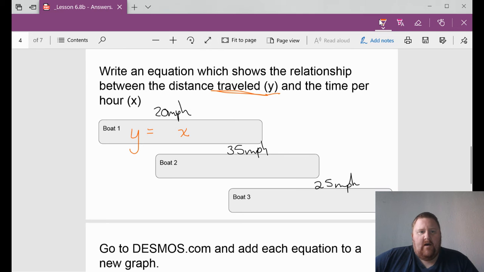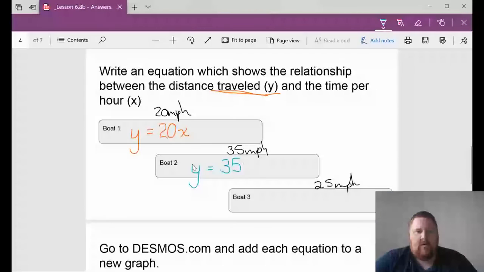And for every 1 hour, the boat is going to travel 20 miles. So boat number 1's equation looks like this: y equals 20x.